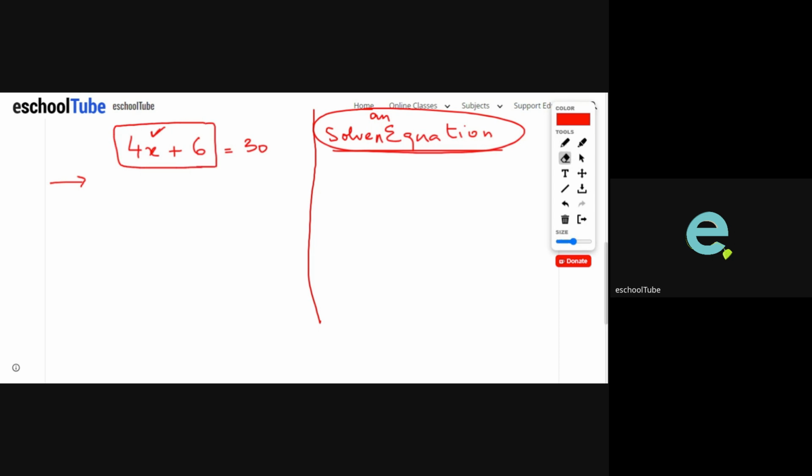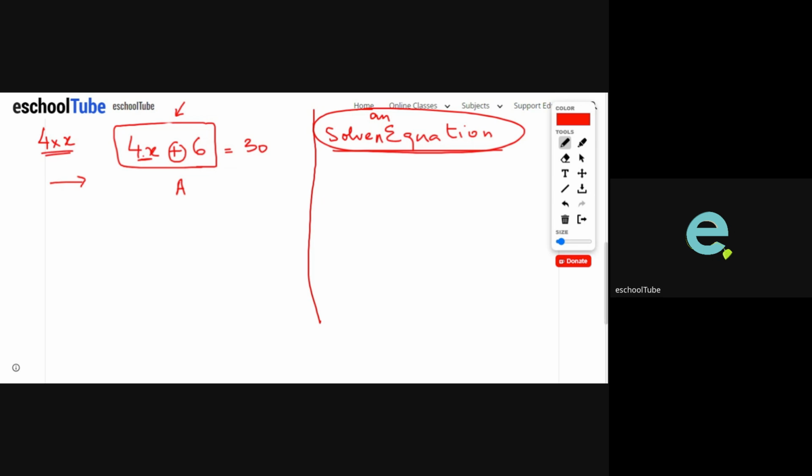So you try to see what all operations are being done on this side. If you see it carefully, there are two operations. One is this operation, which is addition. The other is this operation, which is multiplication. 4x means 4 multiplied by x.